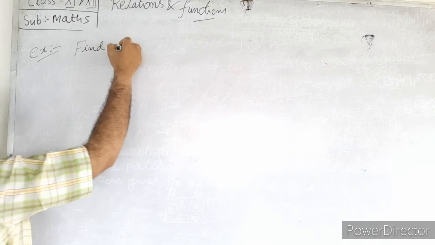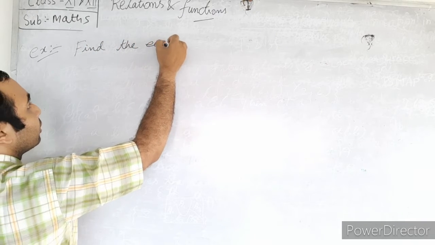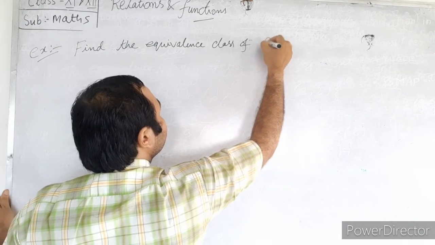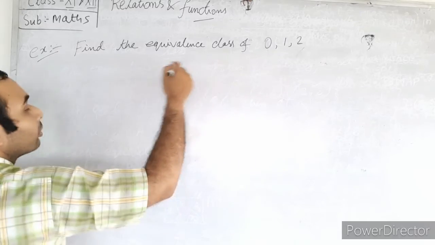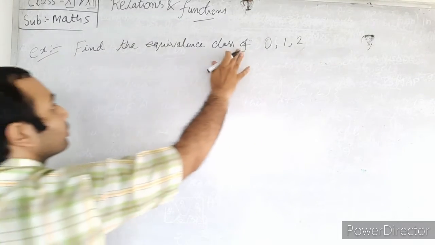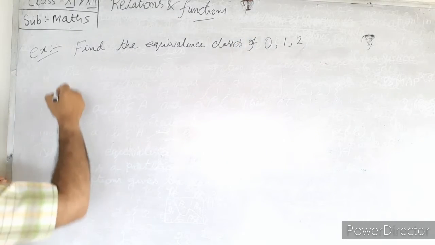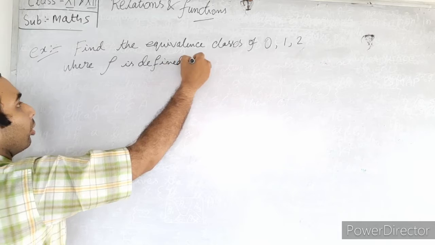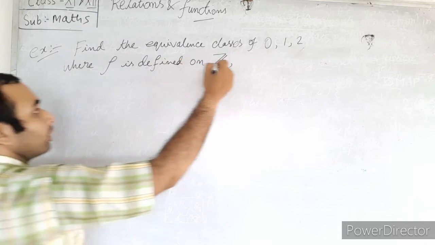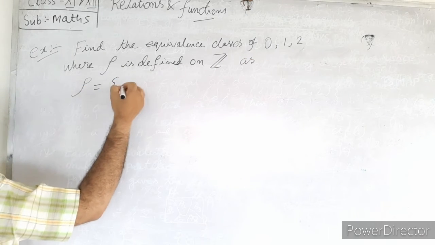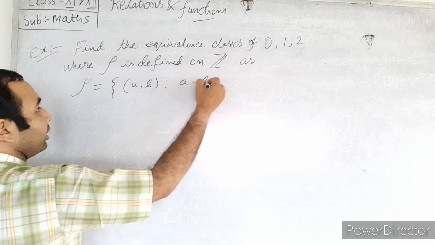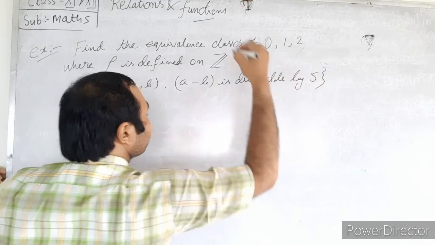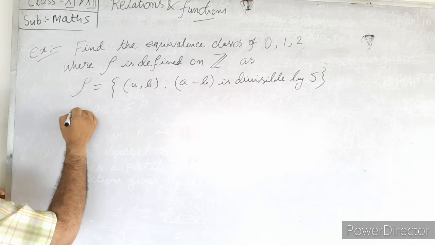Find the equivalence classes of 0, 1, 2, where ρ is defined on the integer set as ρ = {(a, b) such that a minus b is divisible by 5}. Let us find the equivalence class of 0.